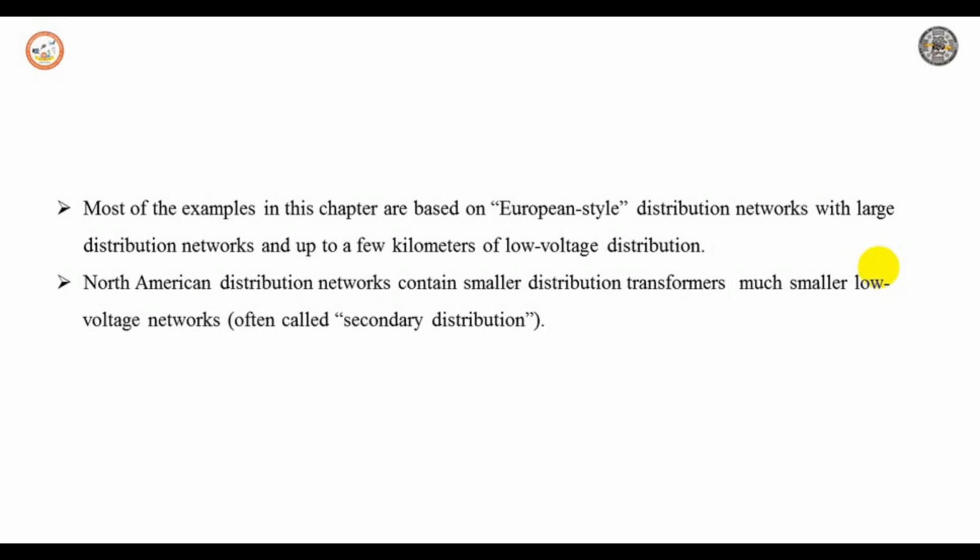The term flicker is derived from the impact of voltage fluctuations on lamps, which is perceived by the human eye. So there will be a flickering effect, on and off. Hence it is referred to as voltage flickering.